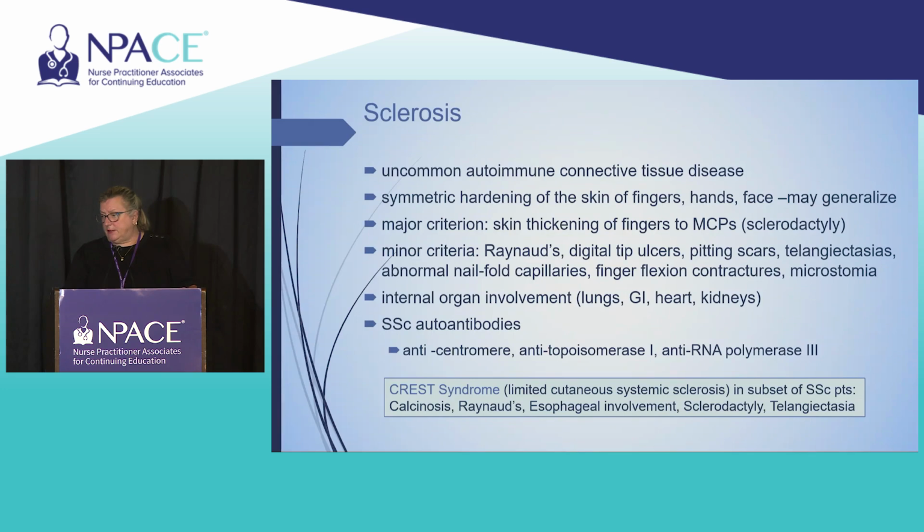But this is a disease that affects not only the skin, but may have systemic effects on the lungs, GI tract, heart, and kidneys. But again, it's a strange thing, right? It looks totally different than just rheumatoid fingers.